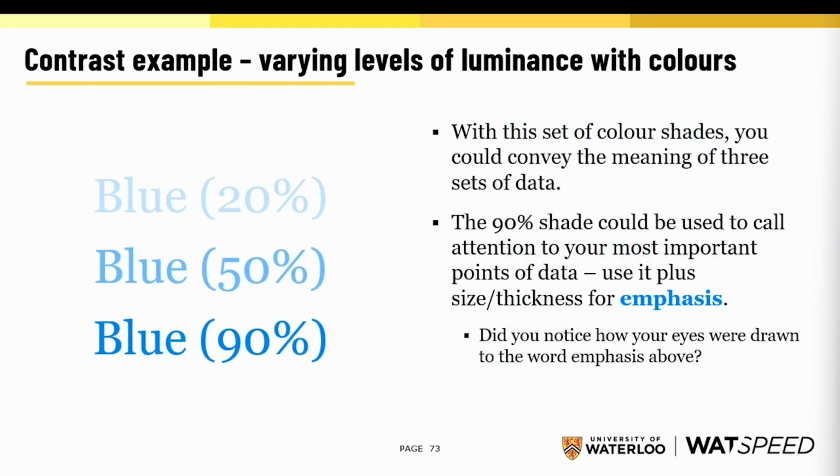If you pick blue 20%, blue 50%, and blue 90%, you could convey meaning of 3 sets of data safely. And you could use the 90% shade, for example, to call attention to your most important points of data. You can use it plus size and thickness for emphasis.